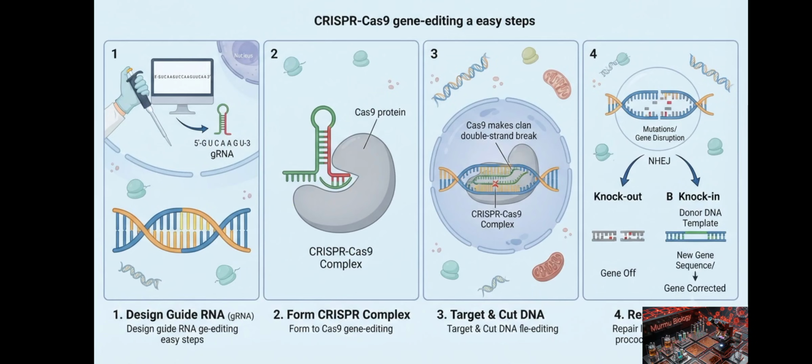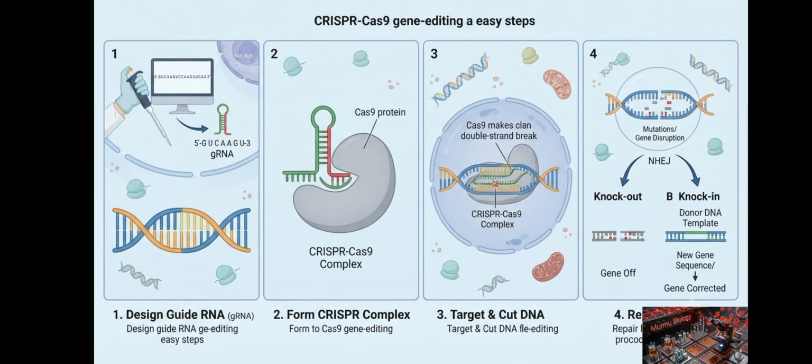Now the CRISPR-Cas9 gene editing steps. First of all, in CRISPR we find the target DNA to be cleaved. In response to that target DNA, we make a guide RNA.